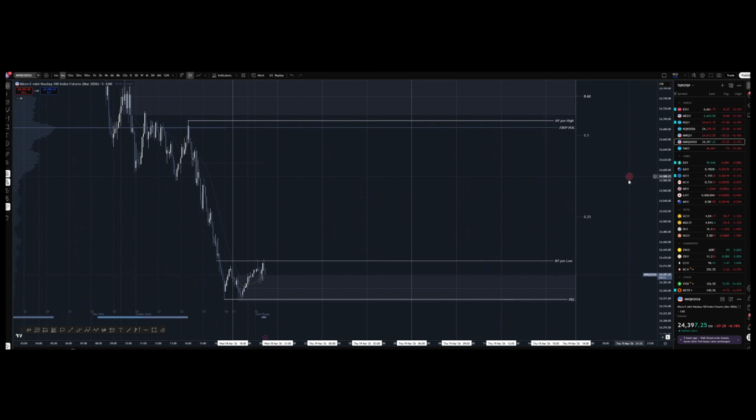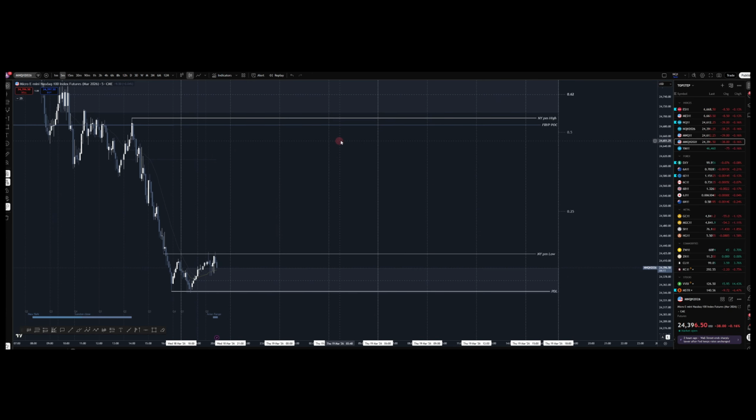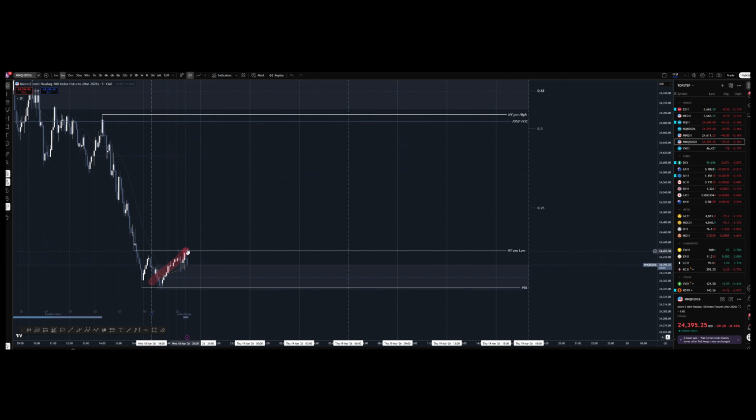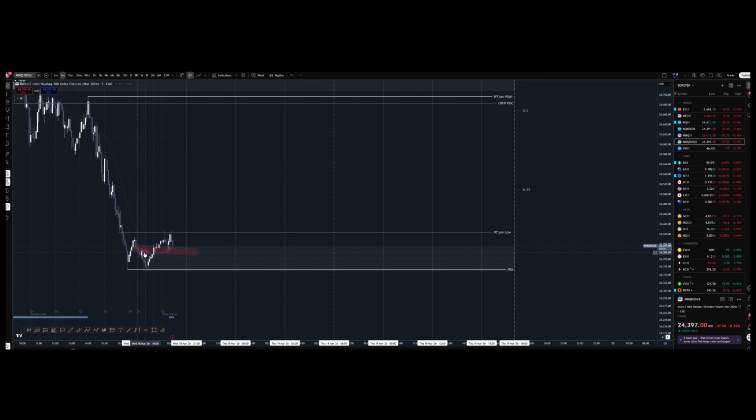So the reason we're doing the 3 hours, we're looking to see if we're going to get a 3-hour trend, if we're going to get a 3-hour manipulation into a 3-hour trend, or if we're going to get a 3-hour consolidation. We can then look within each 3-hour block to mark out what price is doing there.